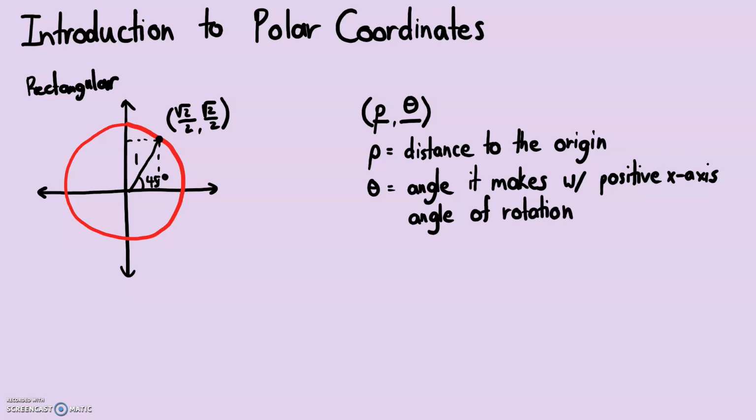So if you were to plot this point right here in polar coordinates, it would be (1, 45 degrees). And there is actually a different system of graphing for polar coordinates, a graph paper for polar coordinates.